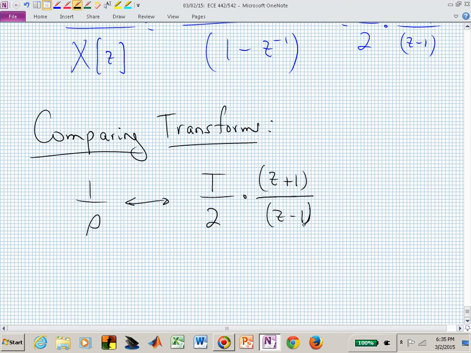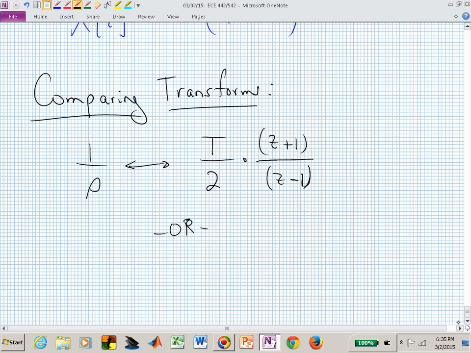But if we were wanting to make this substitution of s for an expression in z, we would say s we can relate to the reciprocal of what we just derived, which is 2 over capital T, z minus 1 over z plus 1.